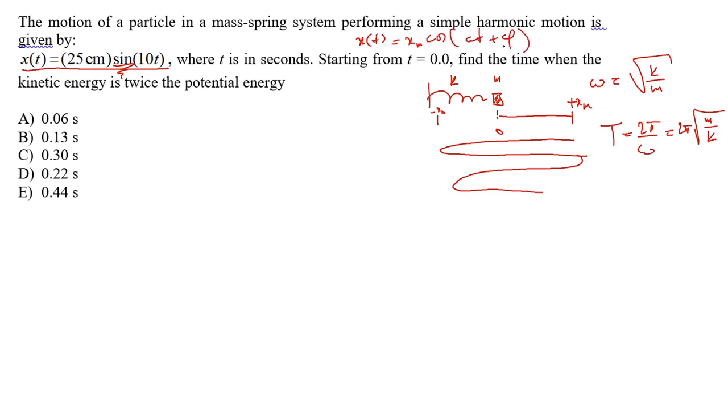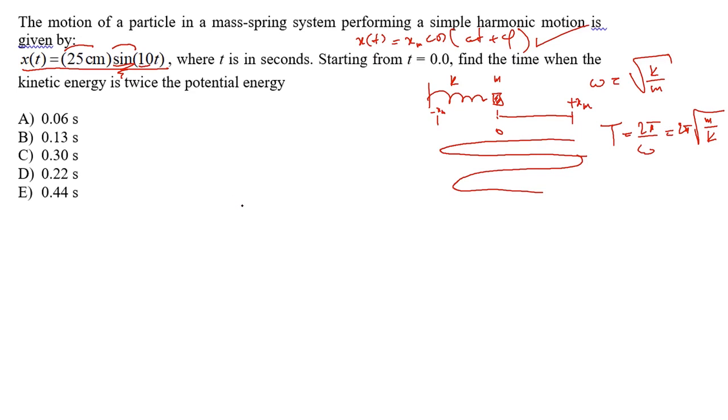I can transform a cosine into a sine, or a sine into a cosine, by adding or subtracting pi over 2. It's just a mathematical trick. If you have a choice, you use this. If the problem imposes a sine, you take it as it is. So this is your x max, and this is your omega.